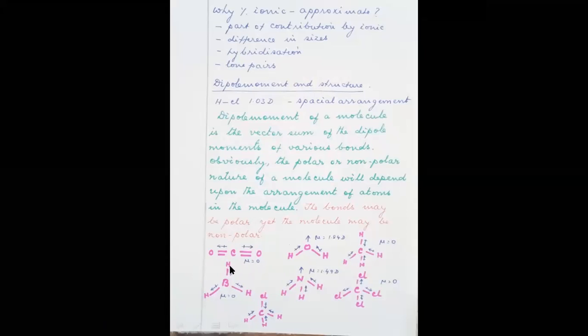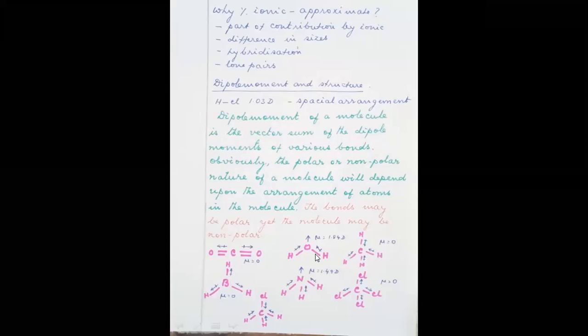So if you take this carbon and oxygen bond, this bond is polar because oxygen is more electronegative than carbon. So this is the direction of the bond moment, and for this carbon and oxygen, this is the direction of the bond moment. But because they are equal in magnitude and opposite in direction, they will cancel out each other. And hence the dipole moment of the carbon dioxide molecule becomes zero.